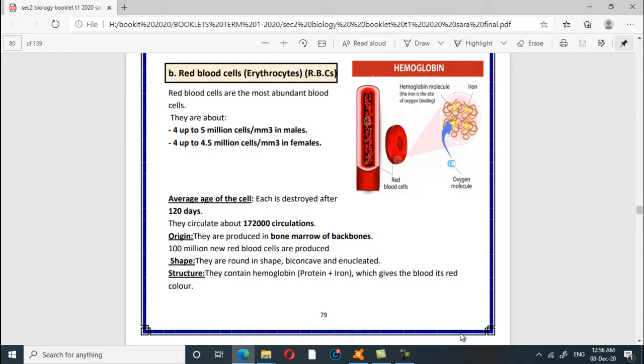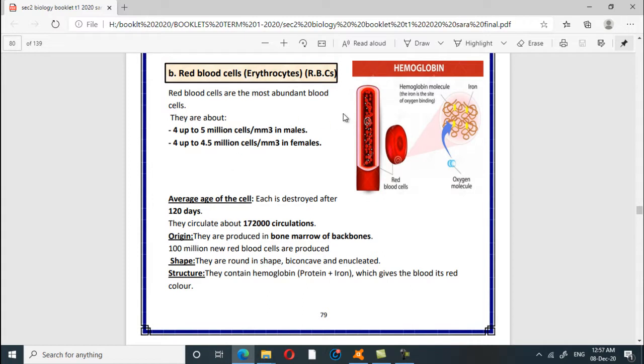After disintegration of red blood cells, their components are distributed throughout the body to form other things: the hemoglobin, its iron, and the protein called globin. Globin moves to the digestive system to form the bile juice in the liver, which helps in the digestion of fats. So there is a relation between the components of red blood cells and the digestion of fats.